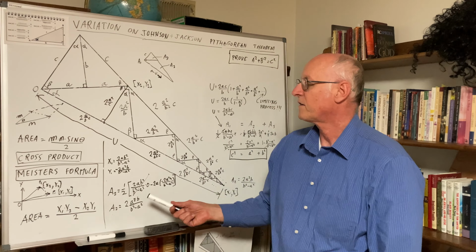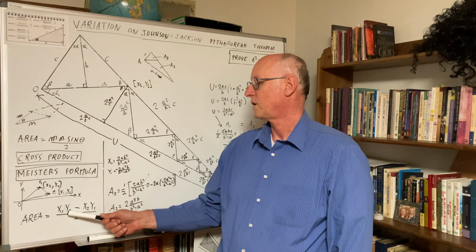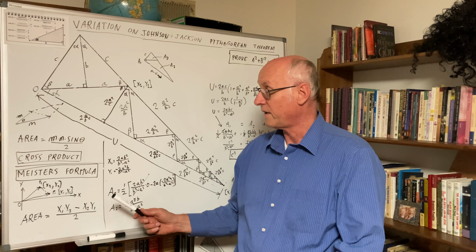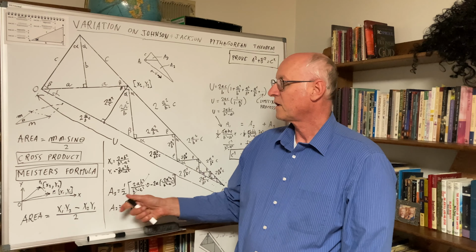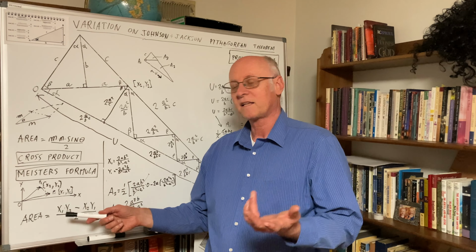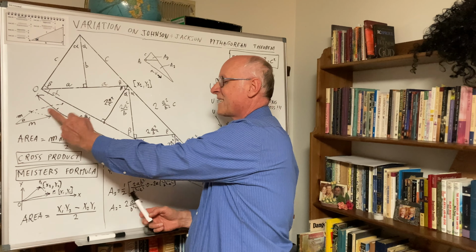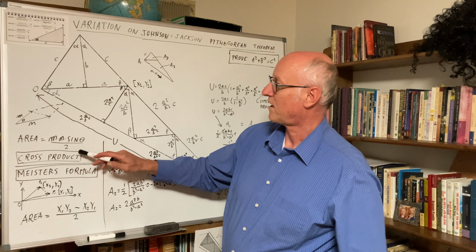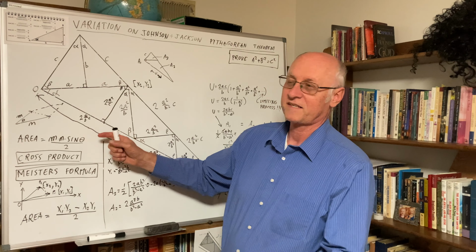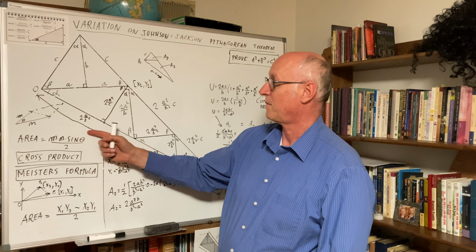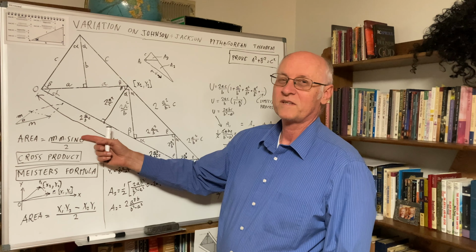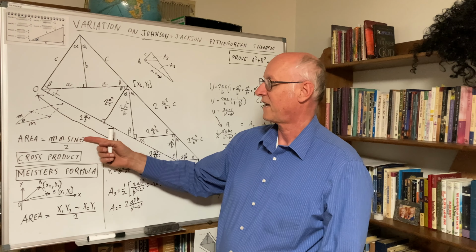Okay, so if you have exact values of x1, y2, x2, y1, you can calculate the area exactly using rational numbers. That's not the same case if you use this cross product, mn sine theta. Anytime you take a sine of some angle, you will probably not get an exact answer.